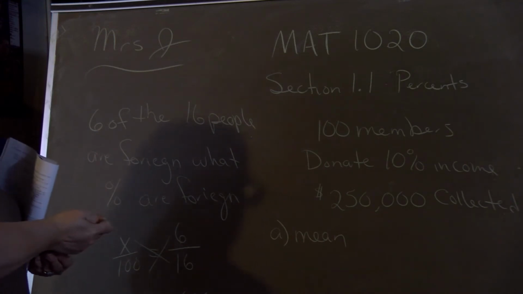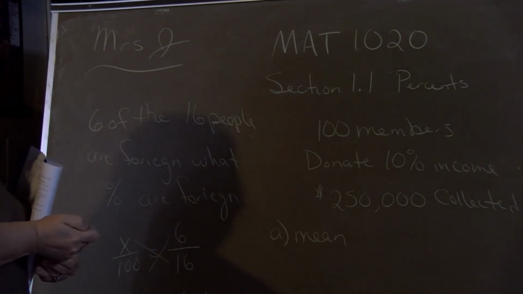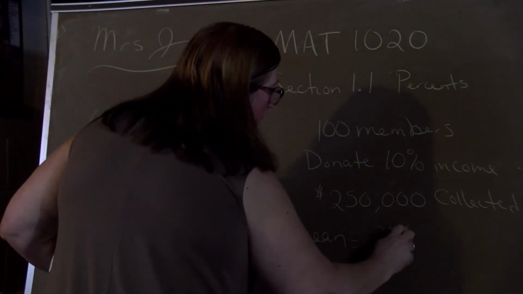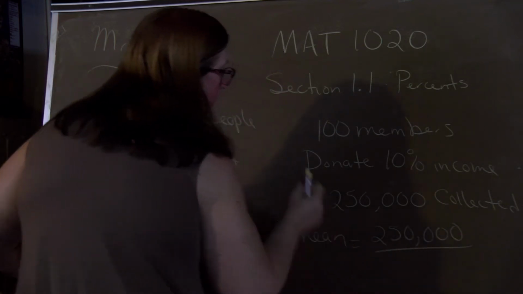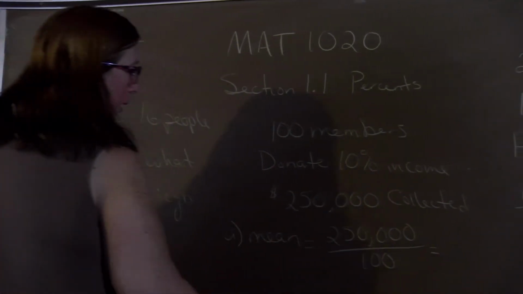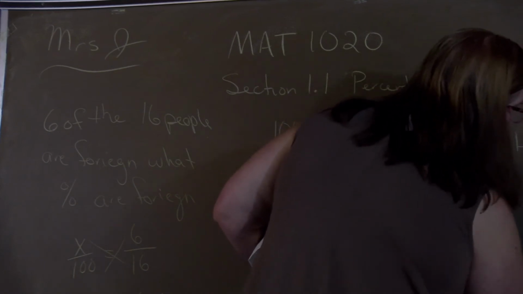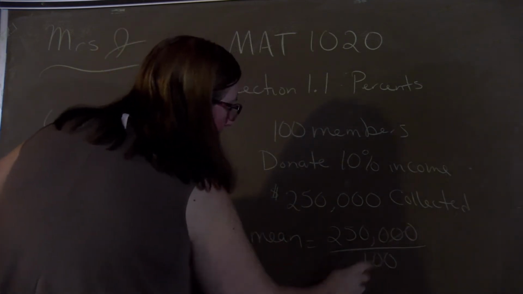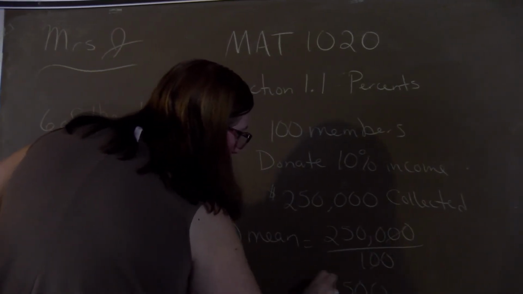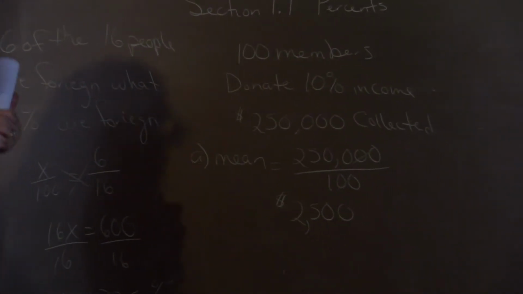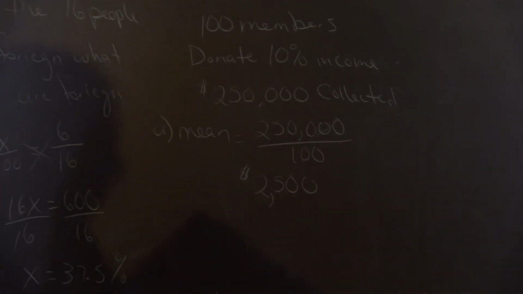So for the mean then, everything collected is already added up, $250,000, divided by the members, 100, gives us $2,500. So approximately each member gave $2,500.